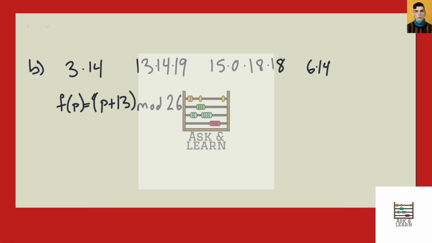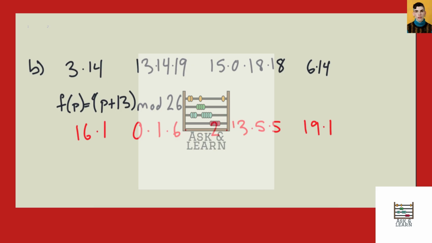And once we do that, 3 plus 13 would give us 16. 14 plus 13 is going to be 27, but mod 26 is in fact 1. 13 plus 13, 26 mod 26 is 0, right? So that's the process. Keep going. We get 0, 1, 6, 2, 13, 5, 5, and 19, and 1.